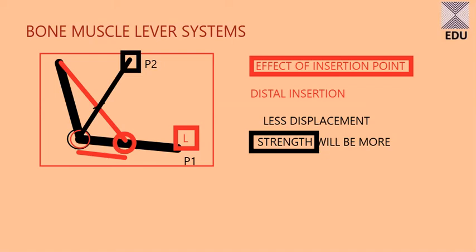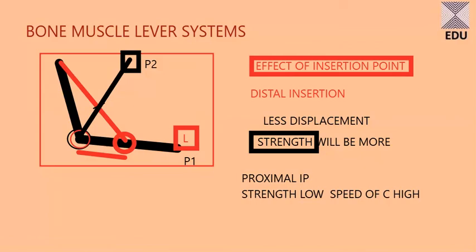Suppose you have the proximal insertion point, so if it is proximal, the strength will be low, but the speed of the displacement or the speed of contraction will be high. So this is the difference between the two types of the insertion points.